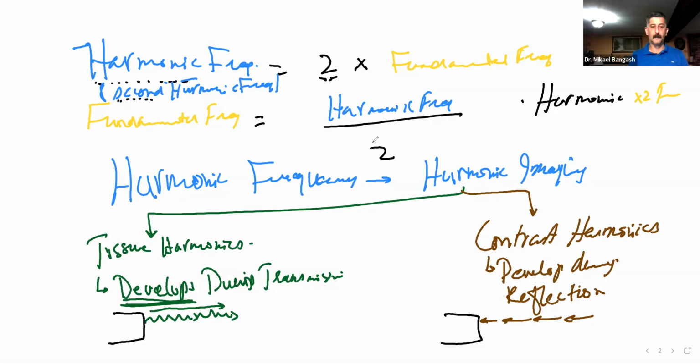Now we just said harmonic frequency is going to produce what we'll call harmonic imaging. As far as harmonic images are concerned, there are two kinds of harmonic images or imaging methods, if you want to put it that way. One is tissue harmonics, the other is contrast harmonics.